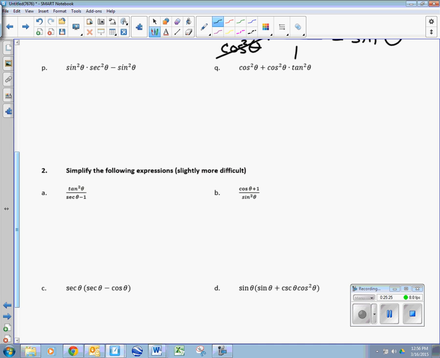Okay. P. What can I factor out? Sine squared times what's left? Hey, that looks pretty good. Secant squared minus 1 is tangent squared.